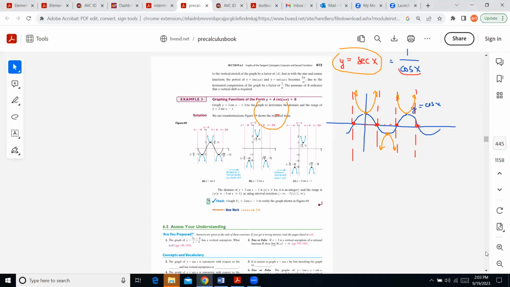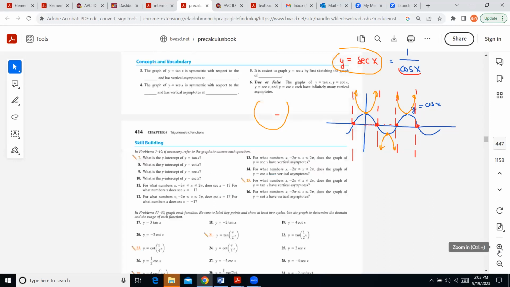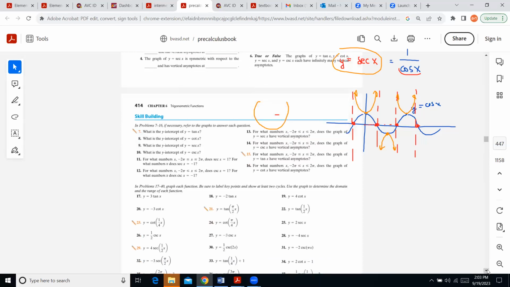So I'd like to graph and show you that we already have good ideas about those graphing procedures based on previous functions that we already graphed, such as sine, cosine, and so forth.